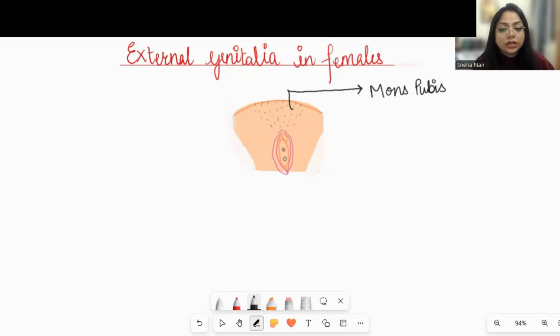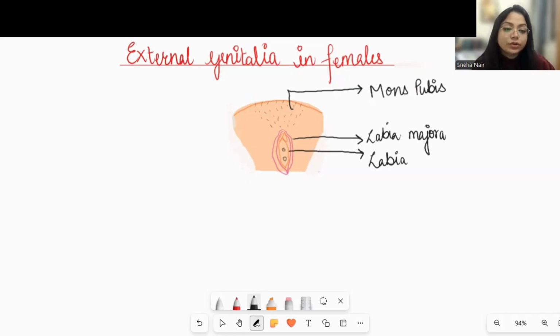Then there are two fleshy, skinny folds called labia majora and labia minora. The labia majora and labia minora are skinny folds that surround the vaginal orifice.